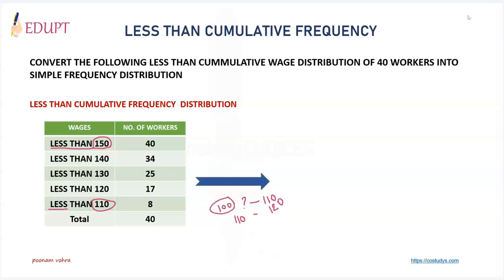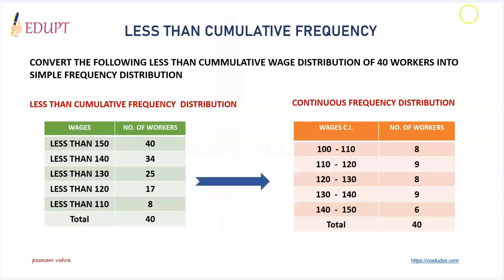So let us see how the class intervals are made and the frequencies or number of workers. Now this is given to us that there are 8 workers who are getting less than 110. So we have the first class interval as 100 to 110.